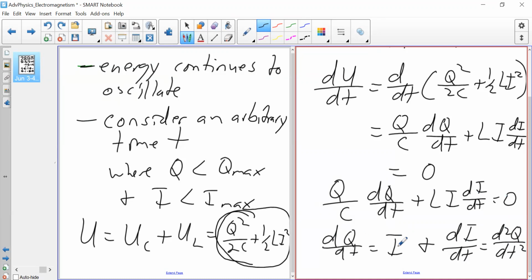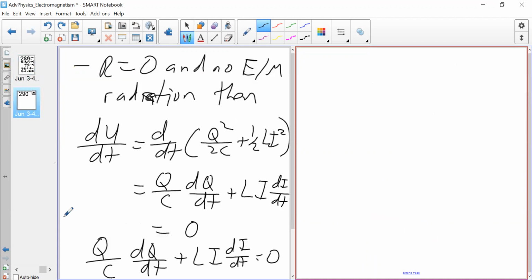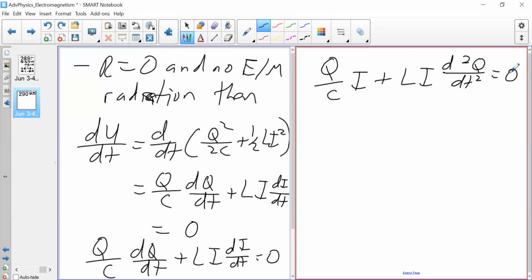If I is dq dt, then the rate of change of this is the second derivative. Right? So now we have basically one variable. So this becomes q over c plus L d squared q over dt squared equals 0.